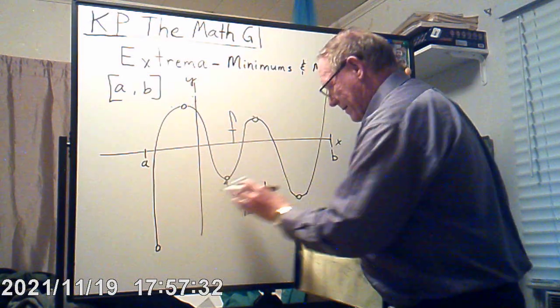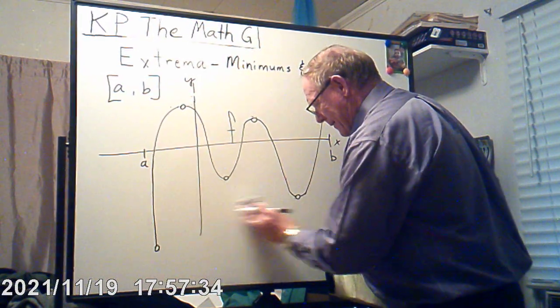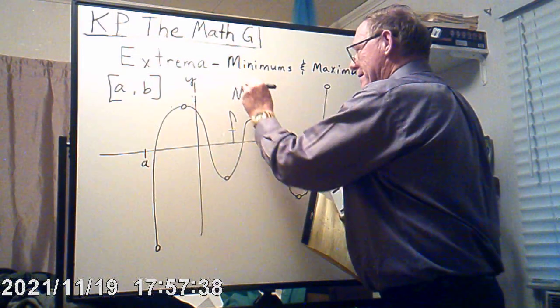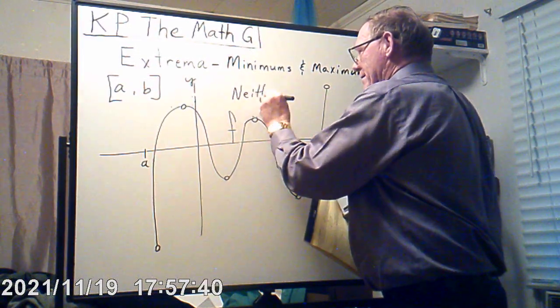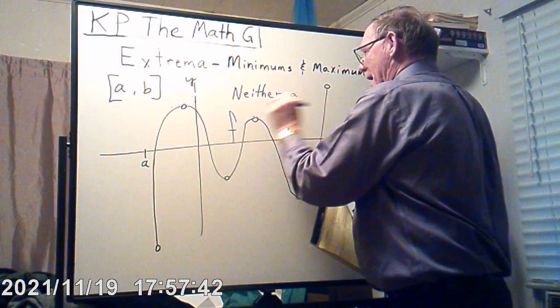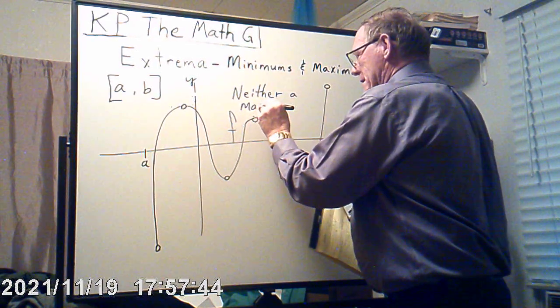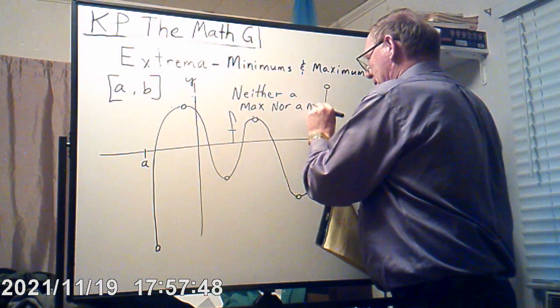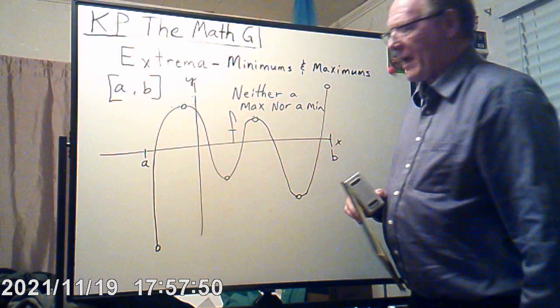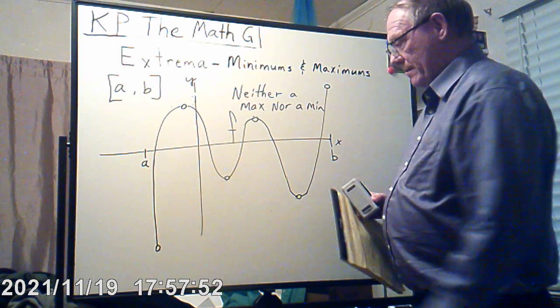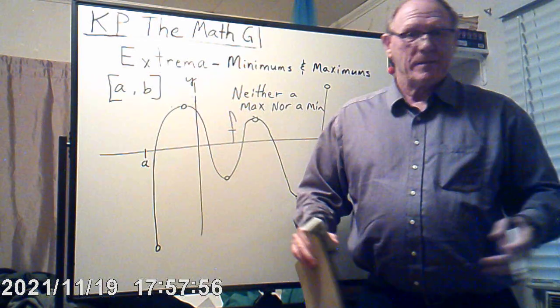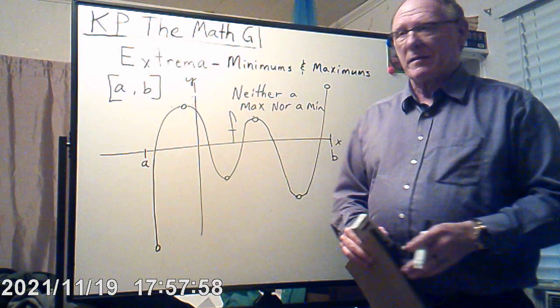In this case you have neither a max nor a min, because all of these are hollow now. You understand the difference now.